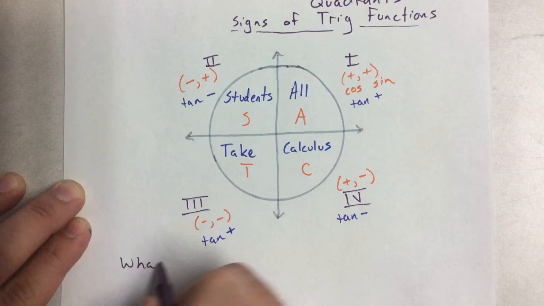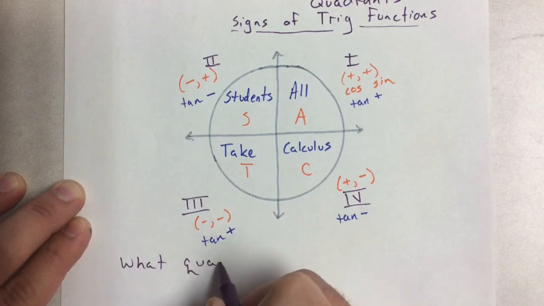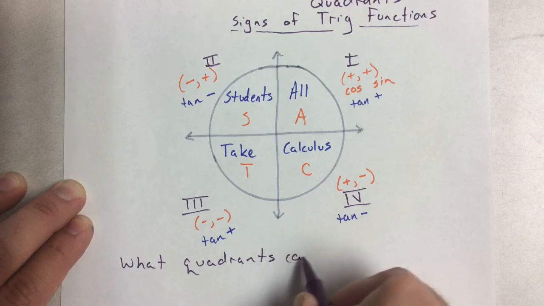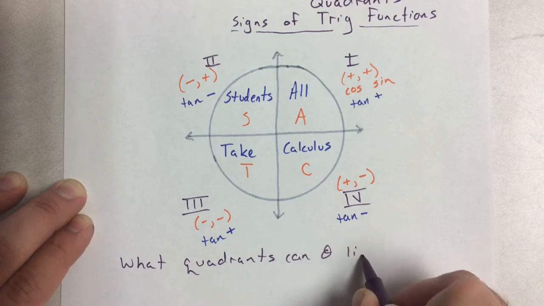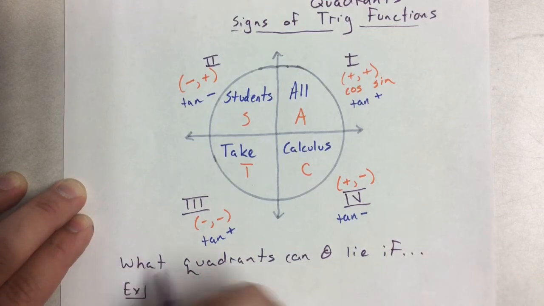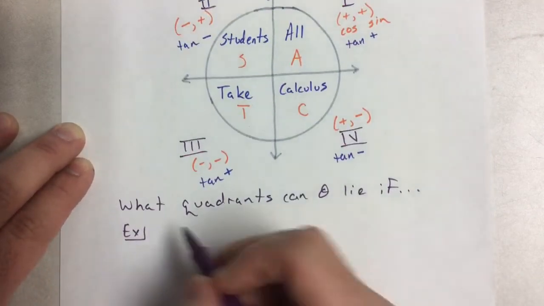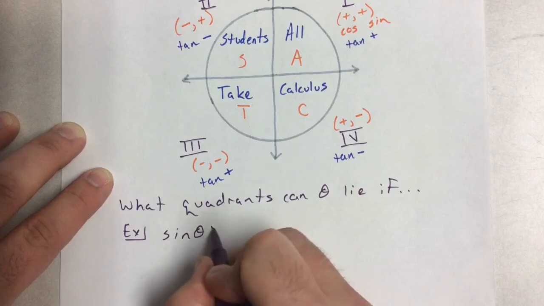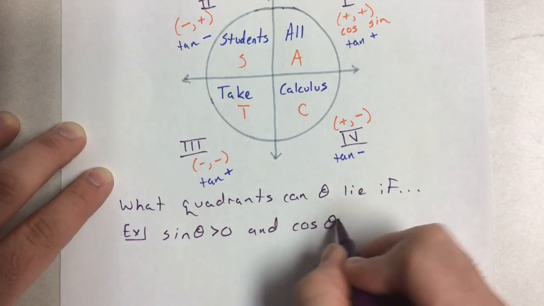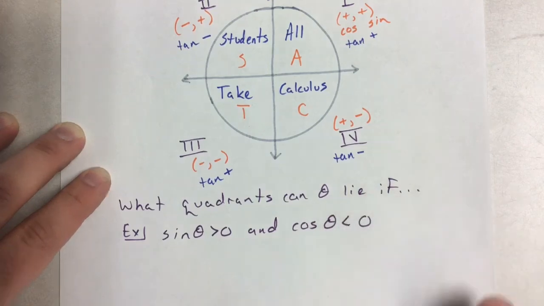What quadrants can theta lie in if, so first one, if sine of theta is positive and cosine of theta is negative?